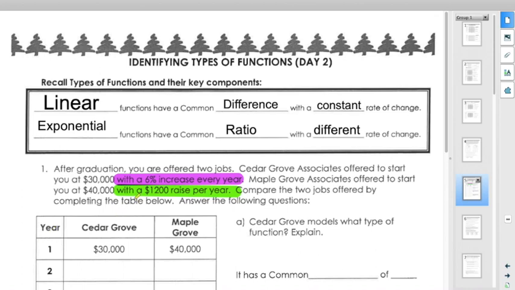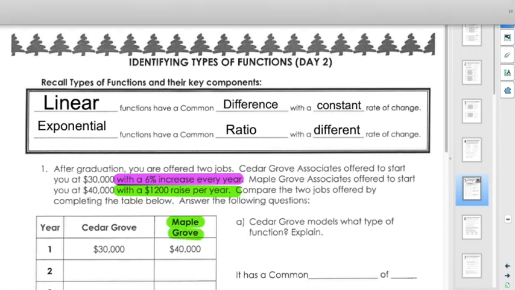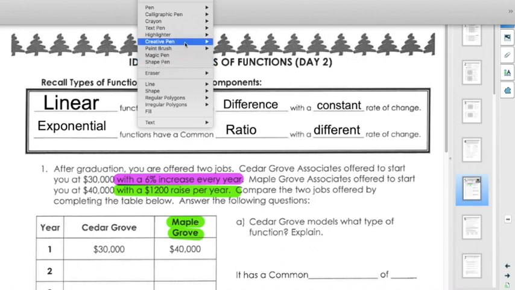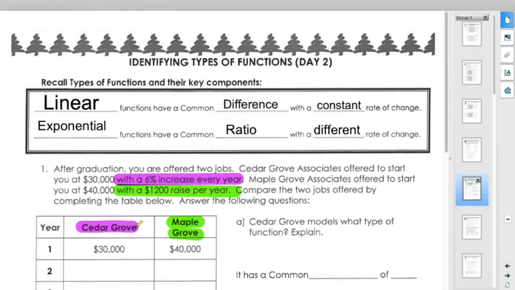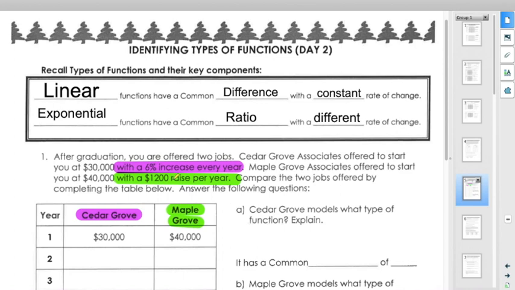So, year one at Cedar Grove, starting us off at $30,000. Maple Grove is here. Cedar Grove is the first one, which I will highlight in purple. It's saying that we start at $30,000 with a 6% increase every year.